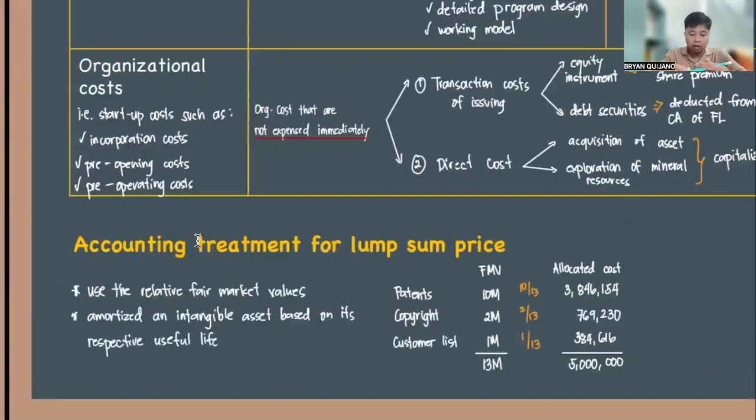Let us talk about the accounting treatment for the lump sum price of intangible assets. First, you're going to use the relative fair market values. Second, you're going to amortize each intangible asset based on its respective useful life. Meaning to say, for every type of asset, there will be a respective useful life or a respective manner of how you will amortize it.